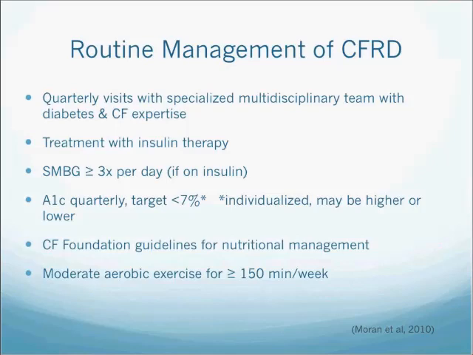A1C should be measured quarterly with a target of less than 7, although this can be individualized for different patients. It may be higher or lower based on things like having a history of hypoglycemia or cognitive issues. You may want to shoot for a slightly higher target, and there are other instances where you would change the target. We also recommend moderate aerobic exercise for more than 150 minutes per week.